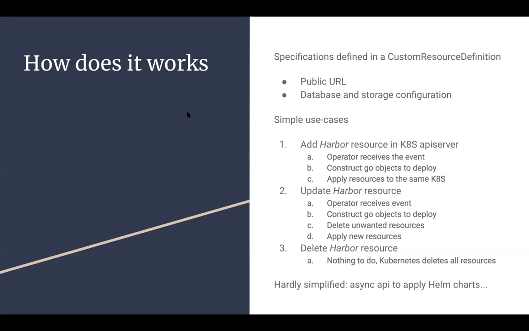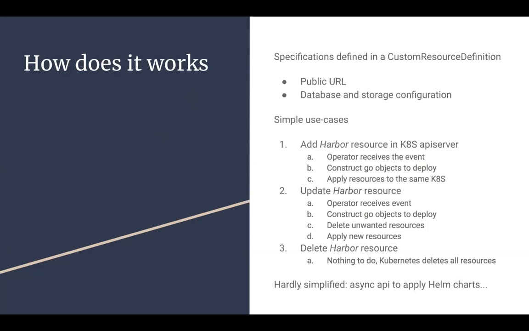What does it mean? It means that we only use the public Harbor image. We use Harbor Core from Docker Hub and run it in Kubernetes. So the operator is pretty simple, in fact.